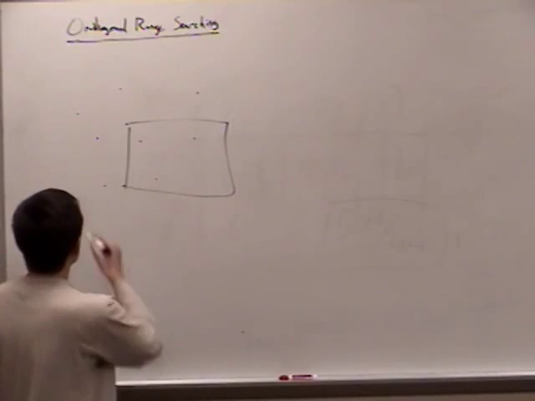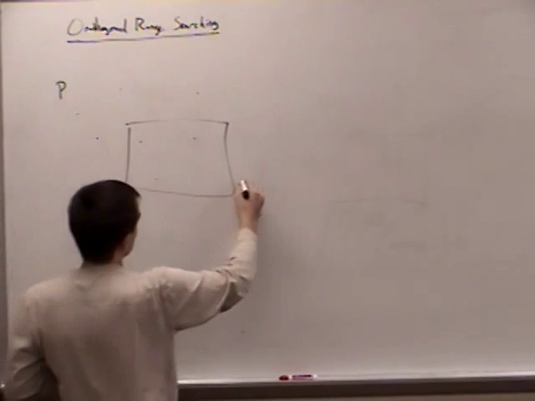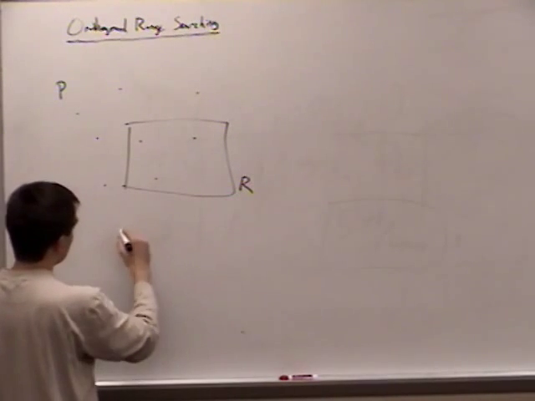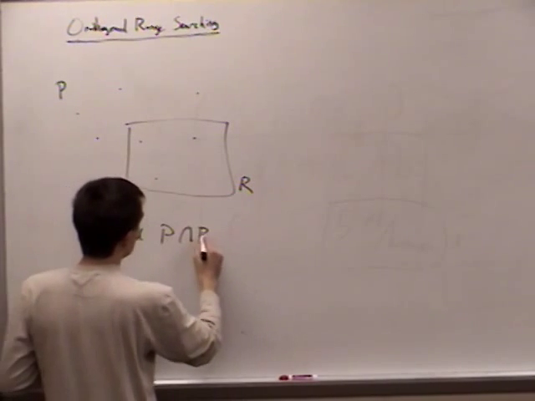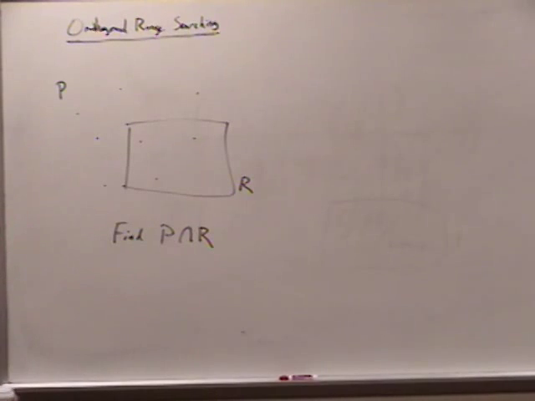So we'll have some set of points P, we'll have some box R, and then we want to basically find P intersect R. At a high level, that's what we want to do. Okay, so that's the general case.